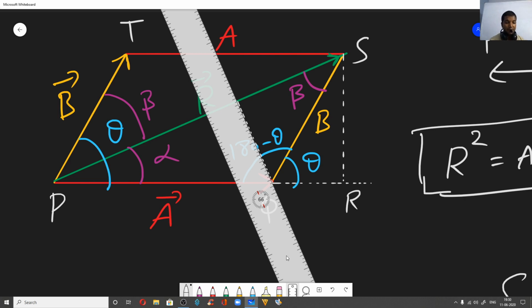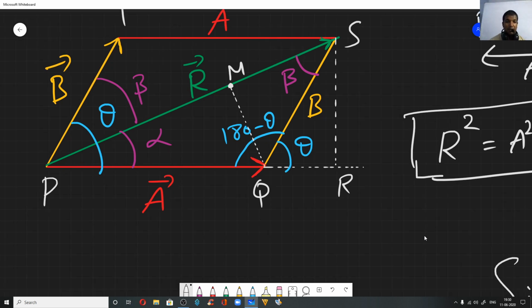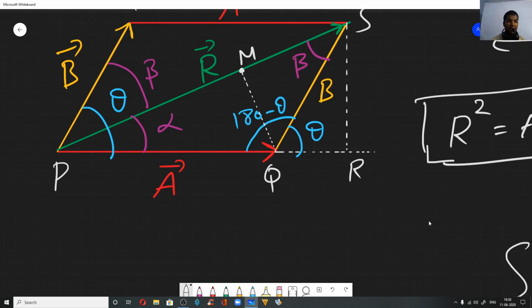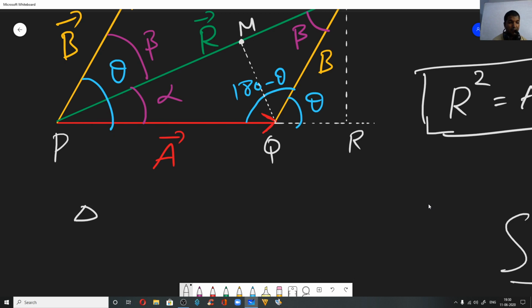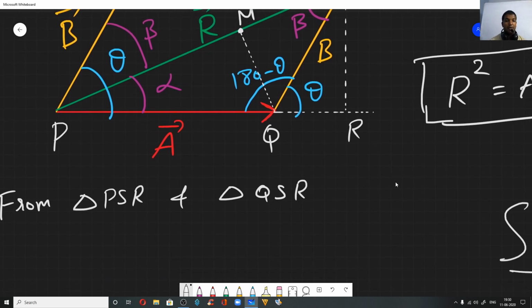Name this point as some M. Now what we can do is, you can write from triangle PSR and triangle QSR.